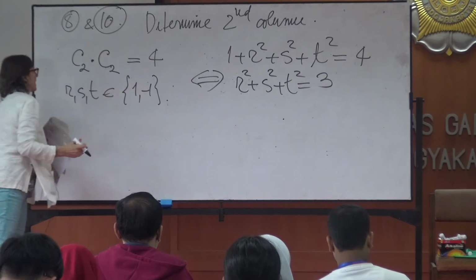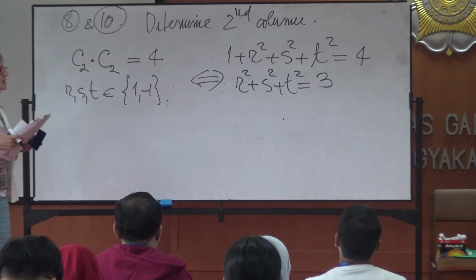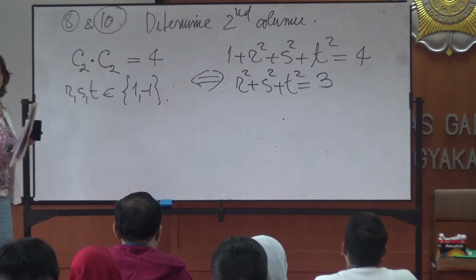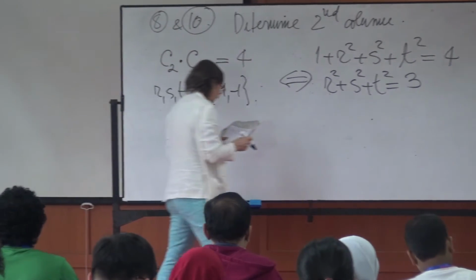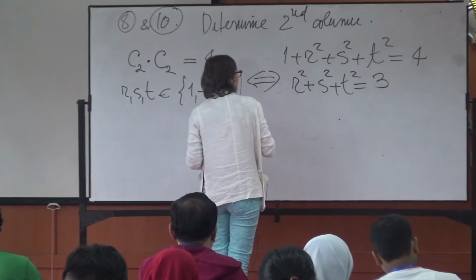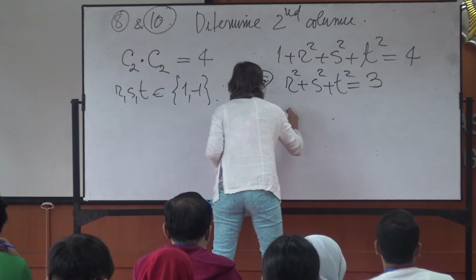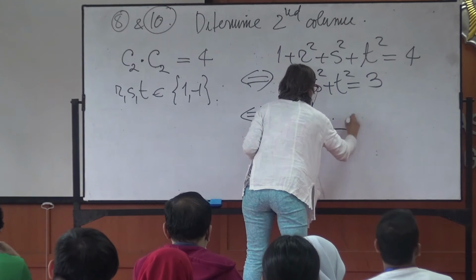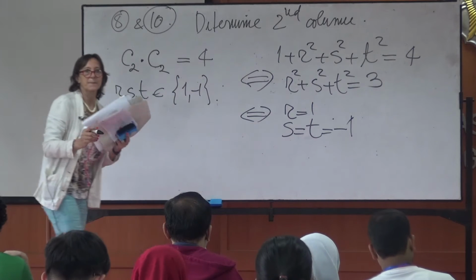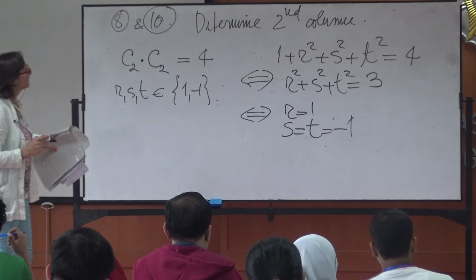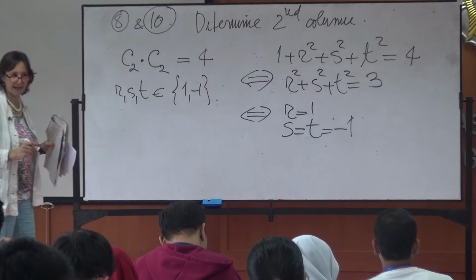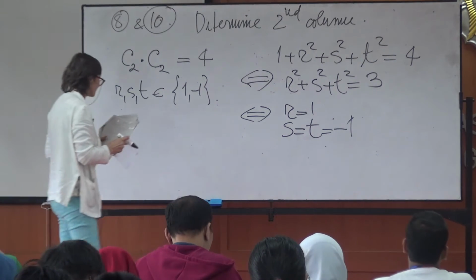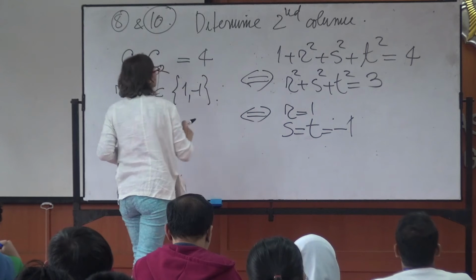Then recall that R, S, and T are plus or minus 1s. So if you do some case study, you find that the only possibilities are R equal to 1, S and T equal to minus 1. Sorry, but I need more conditions.